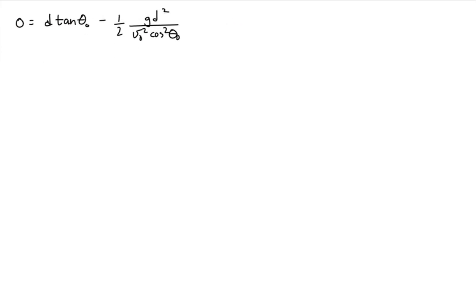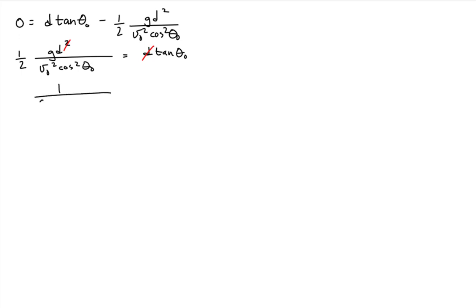So let's isolate our v naught term. We have 1/2 g d squared over v naught squared cosine squared theta naught is equal to d times tangent of theta naught. We could cancel 1 d on either side, and let us go ahead and divide both sides by g d.